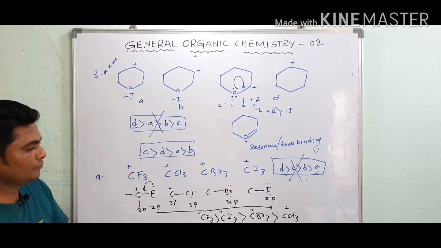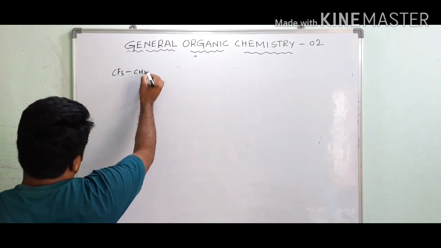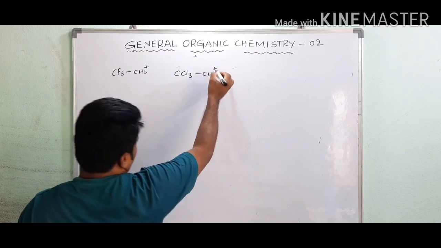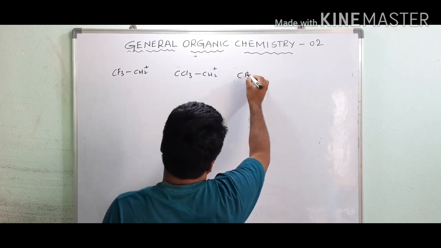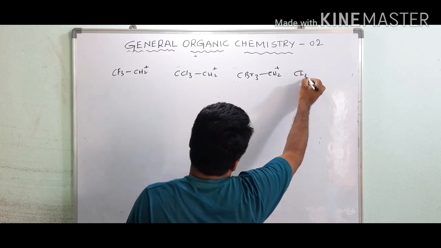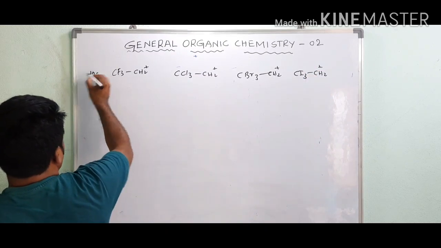Okay, write down. CF3 CH2 plus, CCl3 CH2 plus, CBr3 CH2 plus, now CI3 CH2 plus charge. Question number 10.